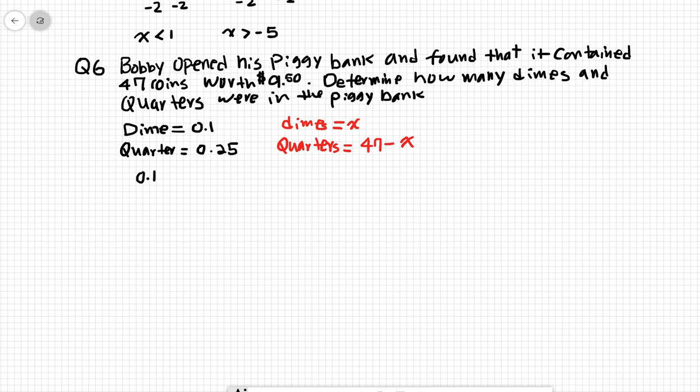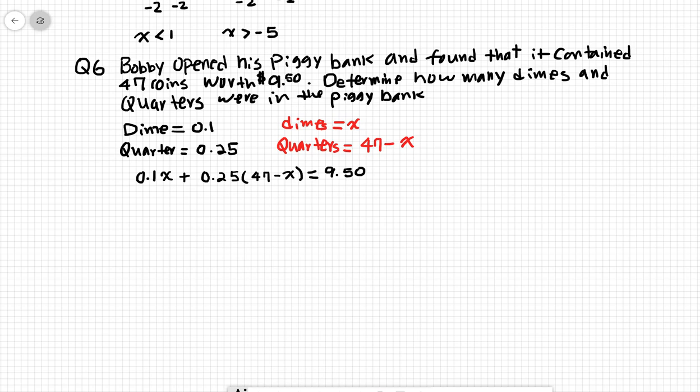The worth of a dime is 0.1 and the number of dimes is going to be x. Then we add the quarters, which is 0.25, and the number of quarters is 47 minus x. And then the total worth of the 47 coins is going to be 9.50.